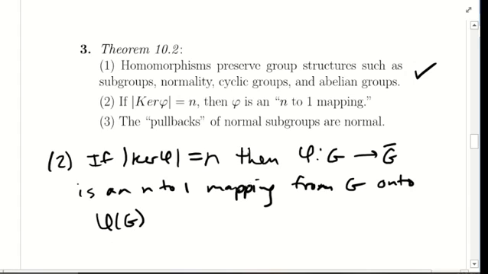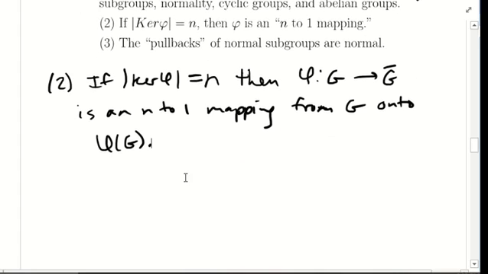We don't know that this is onto from the outset. So what this is saying is that we know from the properties of cosets that all cosets have the same number of elements that are equal to the kernel.